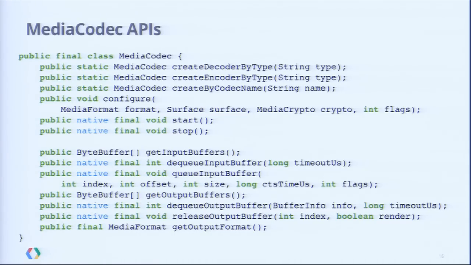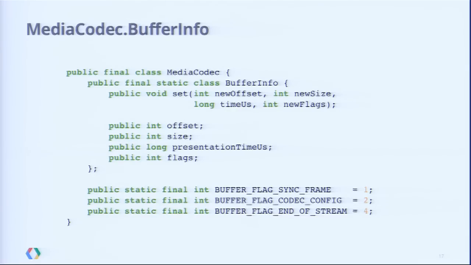For each byte buffer, regardless of whether it's input or output, we provide you a set of metadata associated with it. If you look at dequeueOutputBuffer, the first argument is a BufferInfo. The buffer info object tells you the metadata associated with a byte buffer.